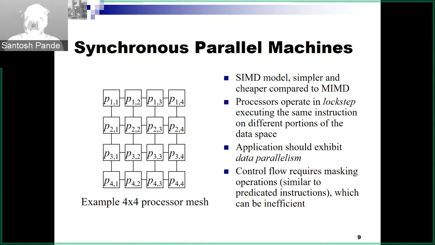But again, the idea there is these deal with different pieces of data which are coming probably from different iterations, and there should not be any read-write dependencies between them. There could be dependencies like read-read, both of them reading the data, but if one of them is writing, then that's a problem.